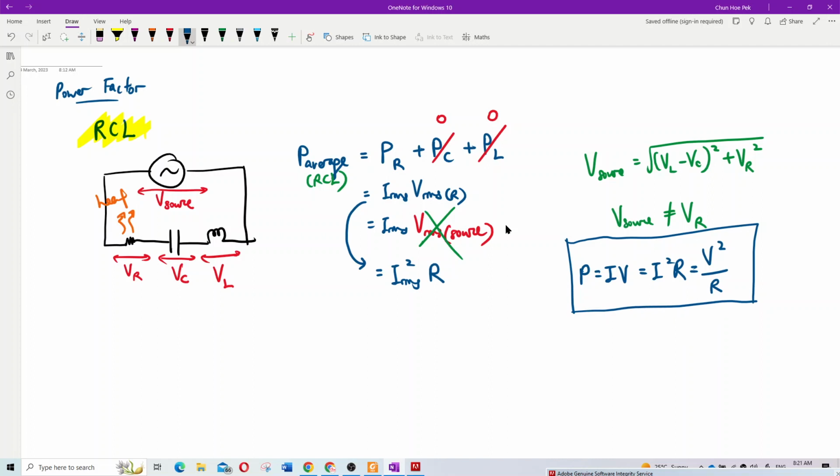Same thing, as long as the voltage is for the resistor, and this uses resistance R, not XC or XL but R.